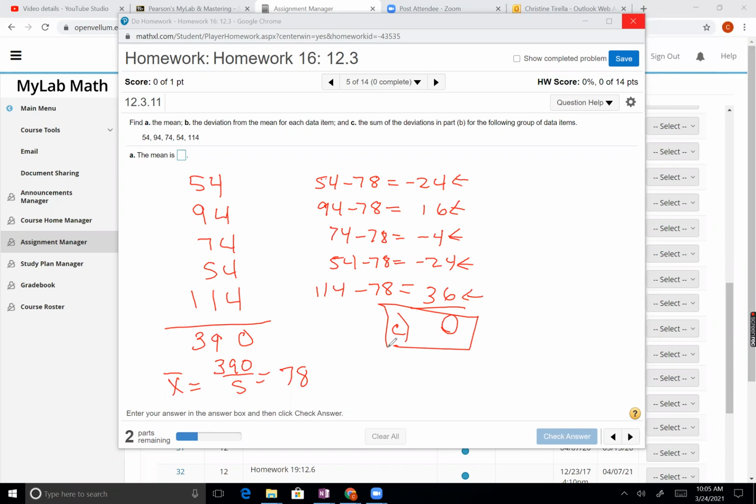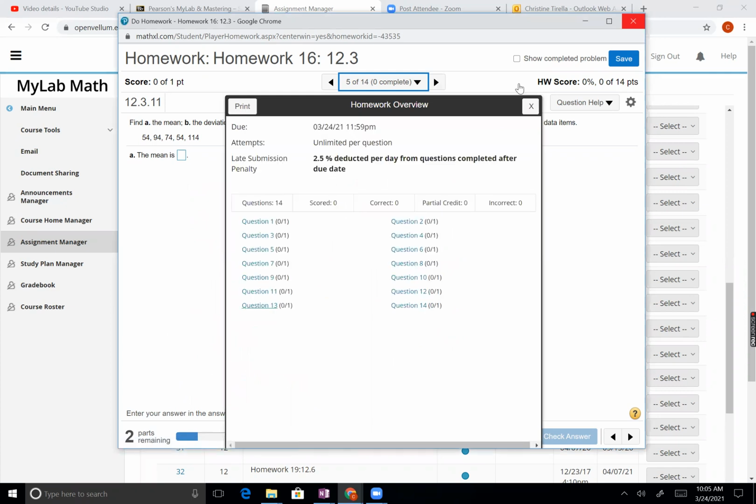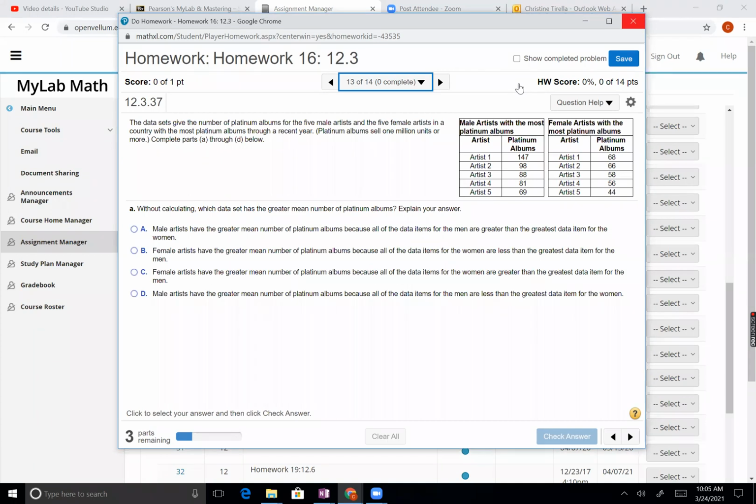Okay. I found the one that I was having partial credit on, number 13. The data sets give the number of platinum albums for the 5 male artists and 5 female artists with the most platinum albums for a recent year.